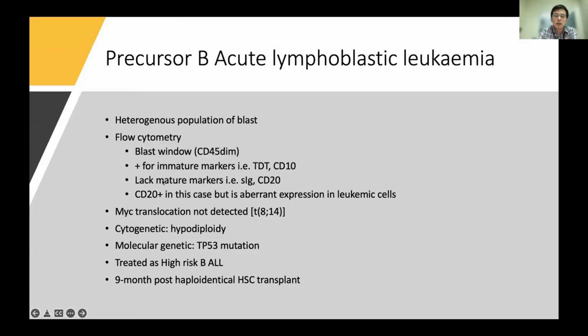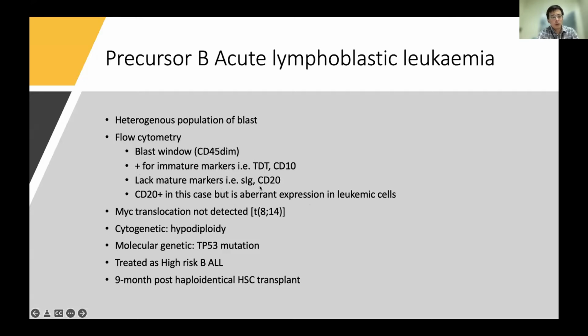The surface immunoglobulin is negative. CD20, which is a mature marker, is however aberrantly expressed in this leukemia cell. So based on this flow cytometry, it has been proven that this population of cells are blast cells instead of mature lymphoma or Burkitt cells.